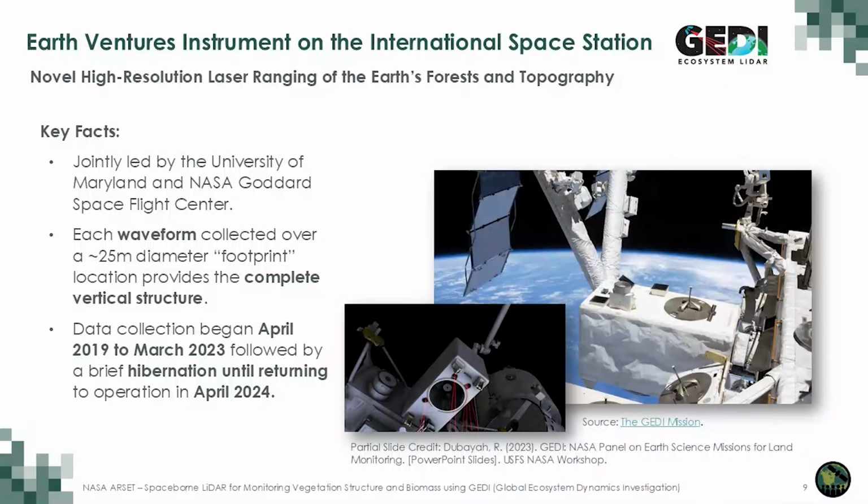The mission was launched in 2018 and began collecting data from April 2019 through March 2023. But from March 2023 to April 2024, the instrument went into hibernation, but has since returned and will collect data through this decade.